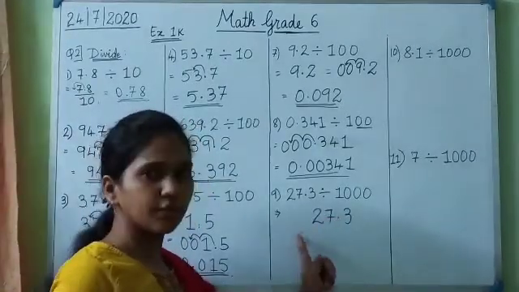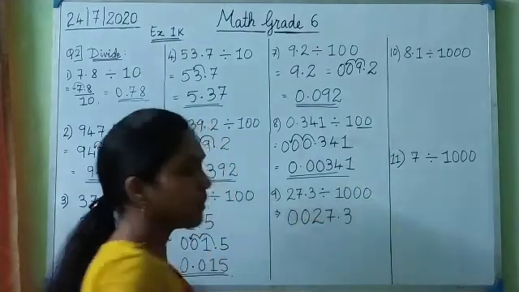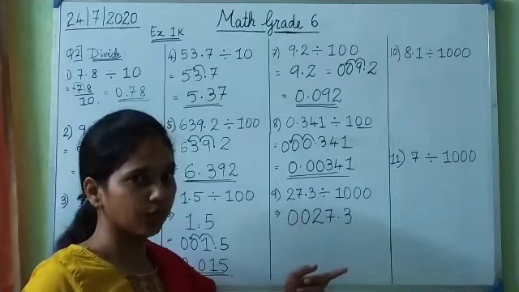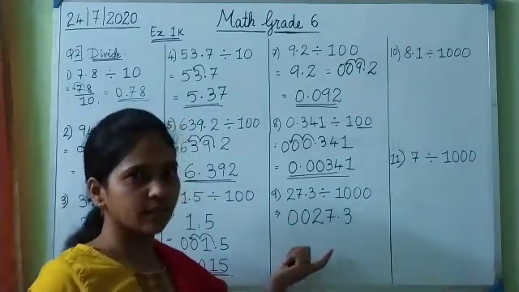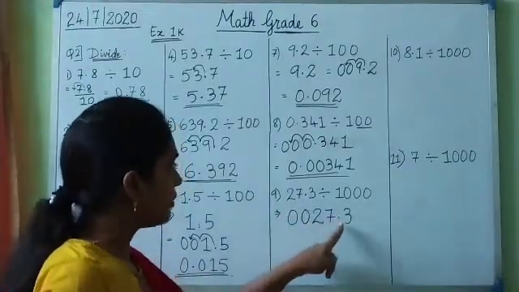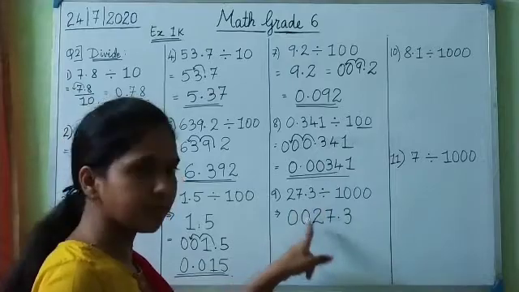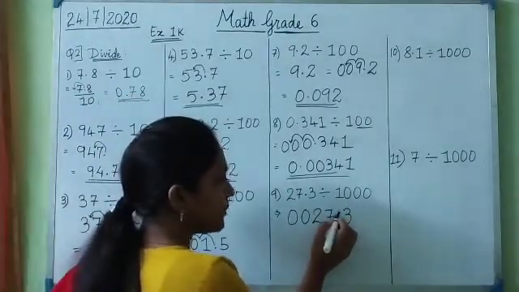So we need to add zeros here also. So if I add 2 zeros, you can add as many zeros as you want. Okay, you can add 2, 3, 4, as many as you want. But 2 zeros, I guess it is enough here. Okay, so this decimal point, after shifting 3 times towards the left, where does it come? There are 3 zeros, so we jump 3 times towards the left.